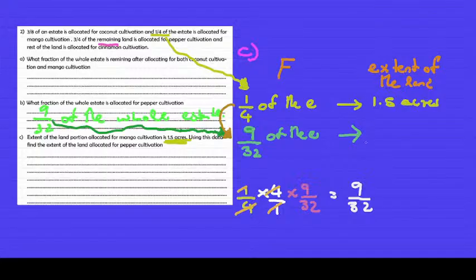If you do that to the fraction column, you have to do the same thing to the other column, the extent of the land column. So it's 1.5 acres. The same thing you did to the column on the left-hand side, the fractions column: 1.5 to be multiplied by 4/1, then by 9/32.